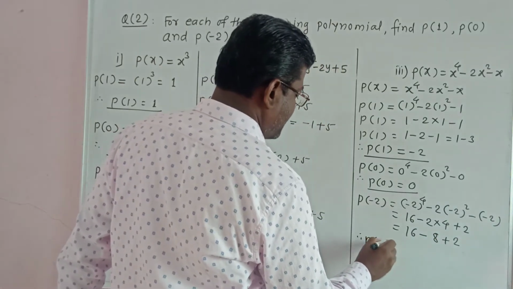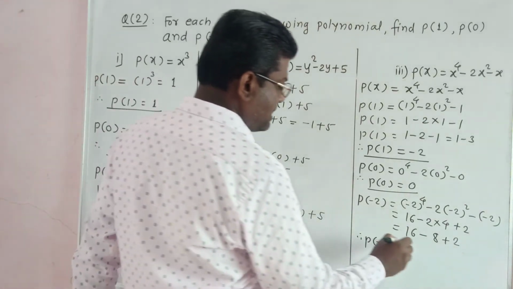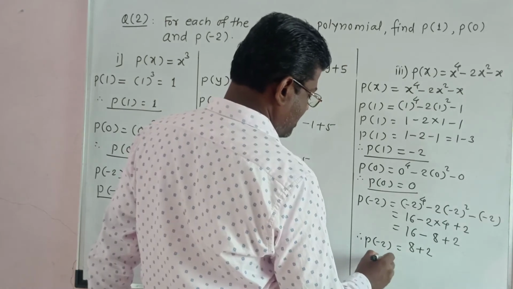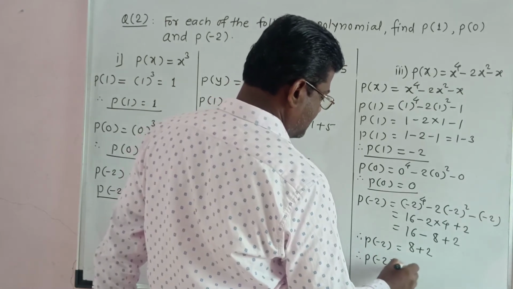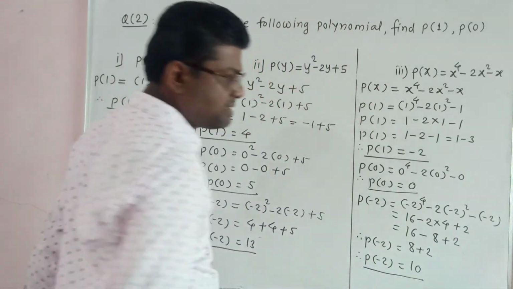Therefore P of minus 2 is equal to 16 minus 8 will be 8, and plus 2. Therefore P of minus 2 is equal to plus 10. This is our last answer.